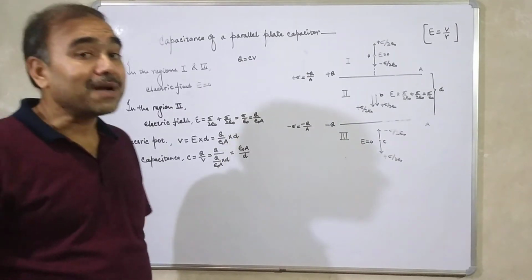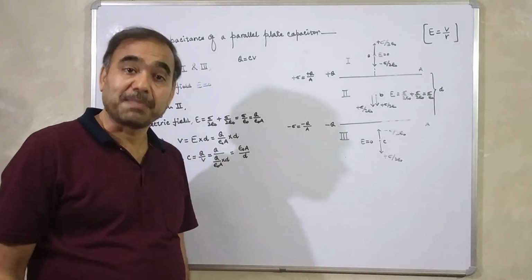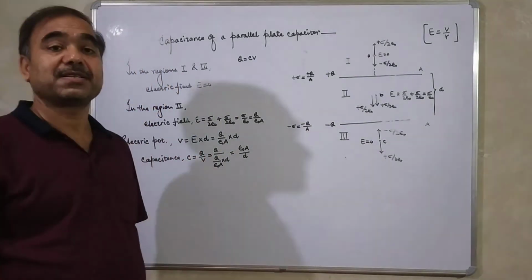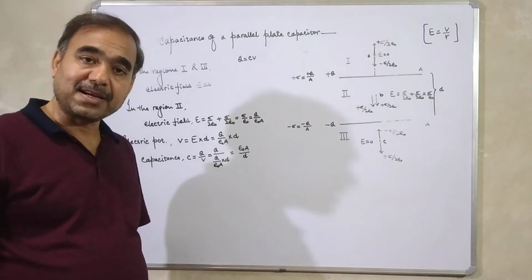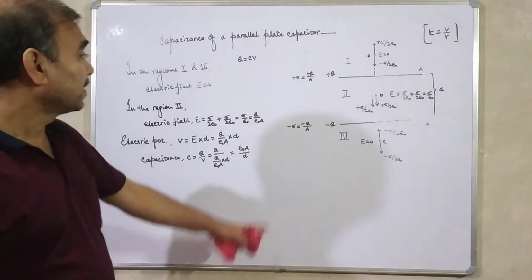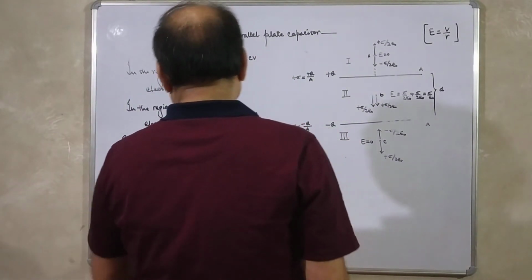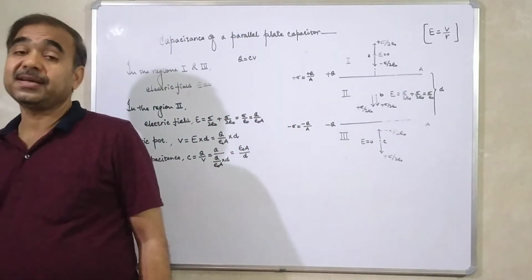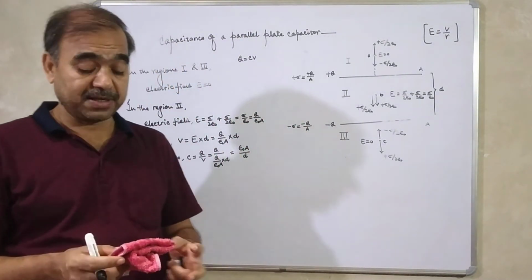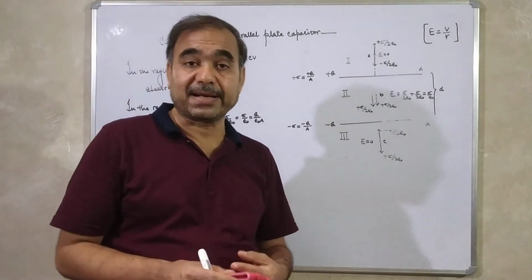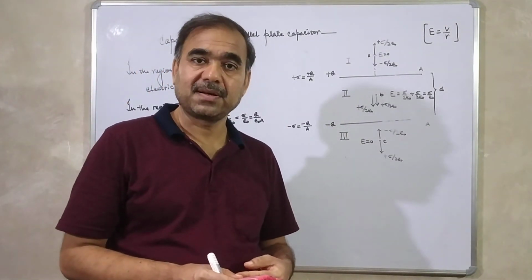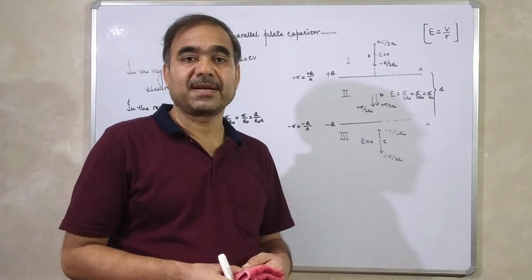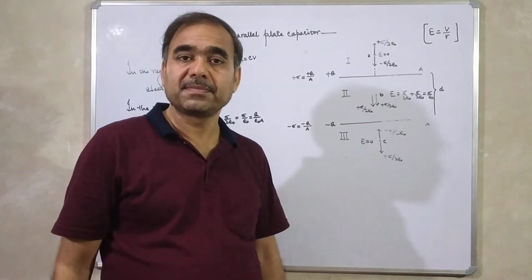Means the capacitance depends on the geometry of the plates of capacitor. Right, it is? Then now potential energy. The expression of potential energy will be calculated next day. Right, it is?